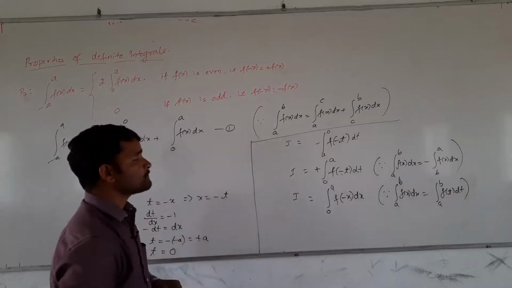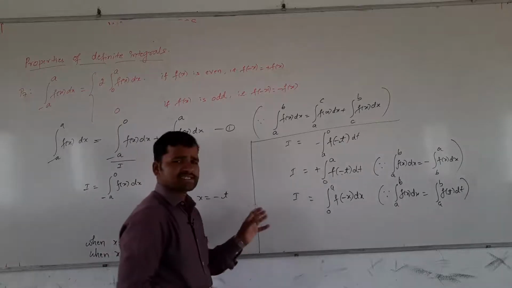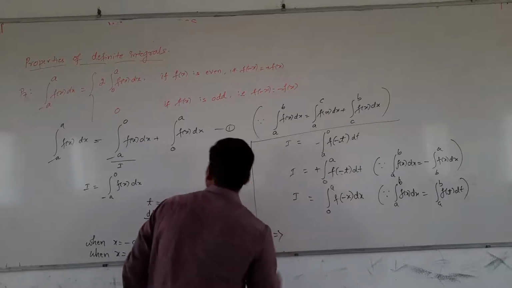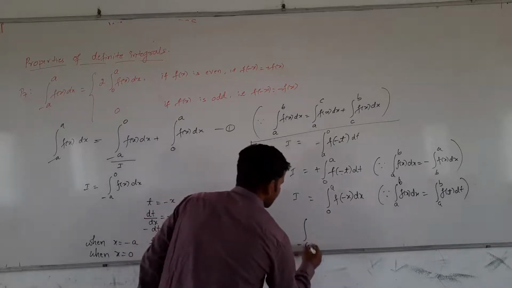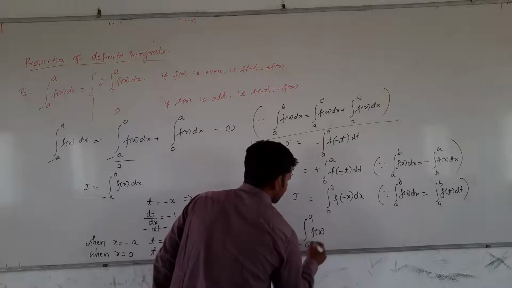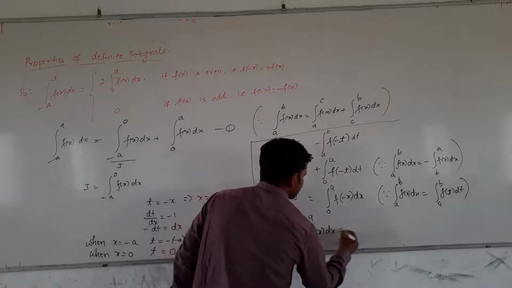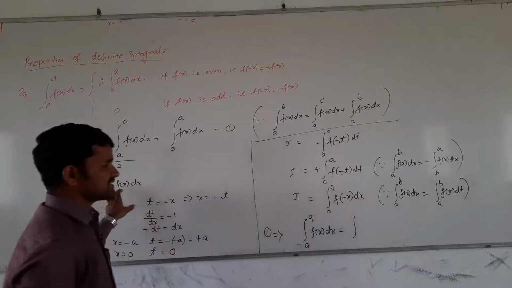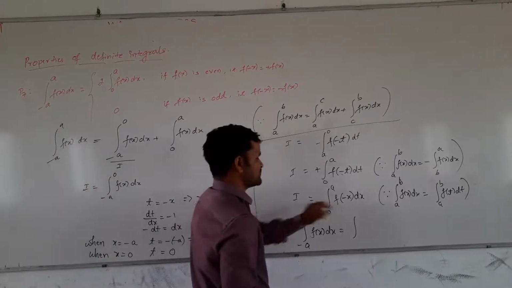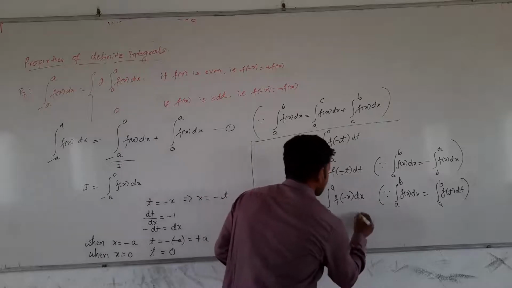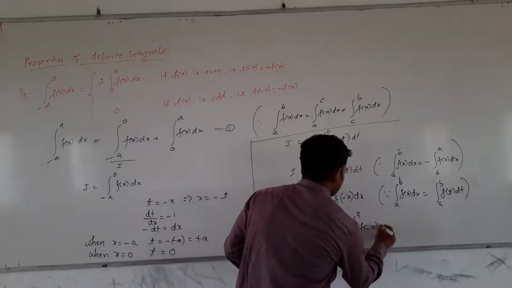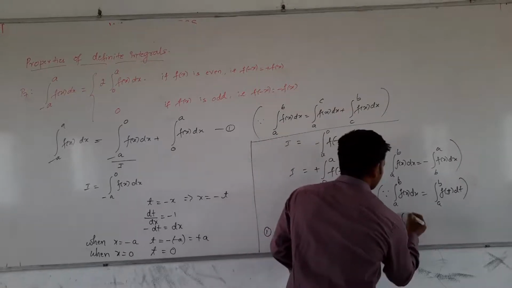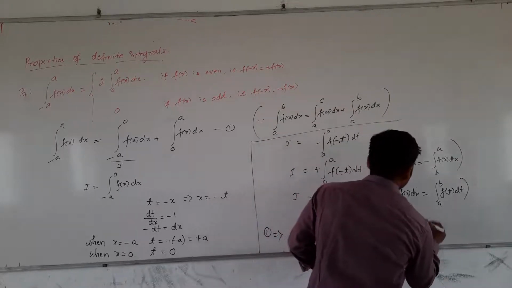Okay. Now what do I do? I will substitute this I in equation 1. Now equation 1 implies integrating from minus a to a f of x into dx is equal to minus a to 0 f of x into dx, which is the I. In place of that I will substitute here 0 to a f of minus x into dx, plus the second integral 0 to a f of x into dx.